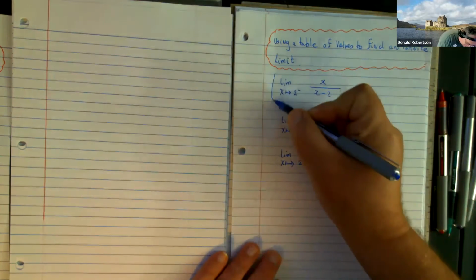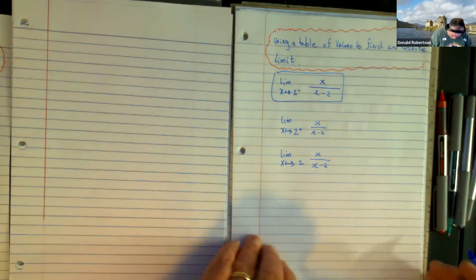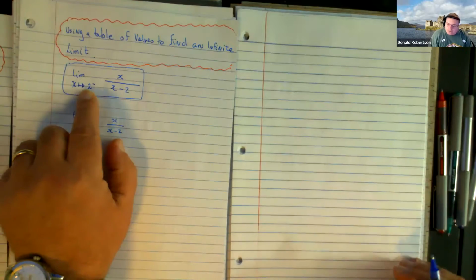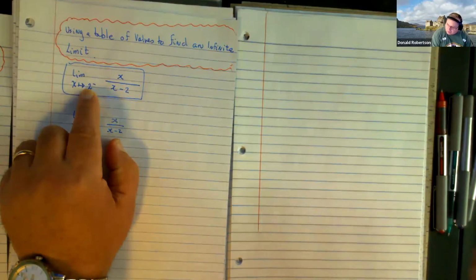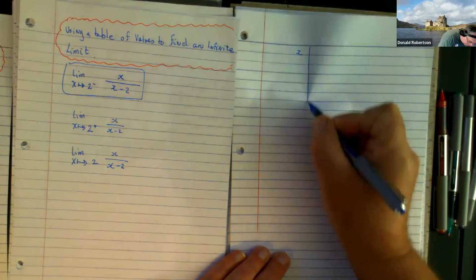Now, if you want to get only that limit, then you have to be a little bit more selective about who you put in your table, because that limit is the limit as x approaches 2 from the left-hand side, right? The 1.99 side. So you would set up a table something like this.